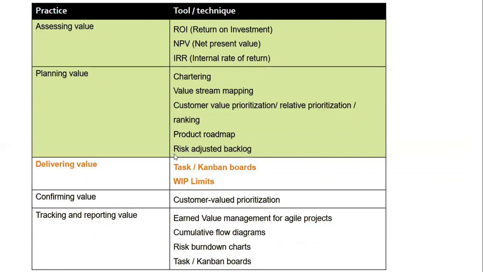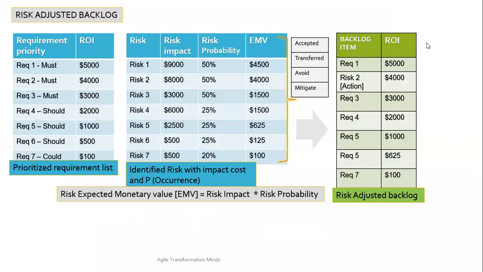And we just learned the risk-adjusted backlog, which means you have a feature list and you incorporate risk features into it. Based on this, you create a revised list with requirement 1, and you have now incorporated risk 2 here. Earlier it was requirement 2.